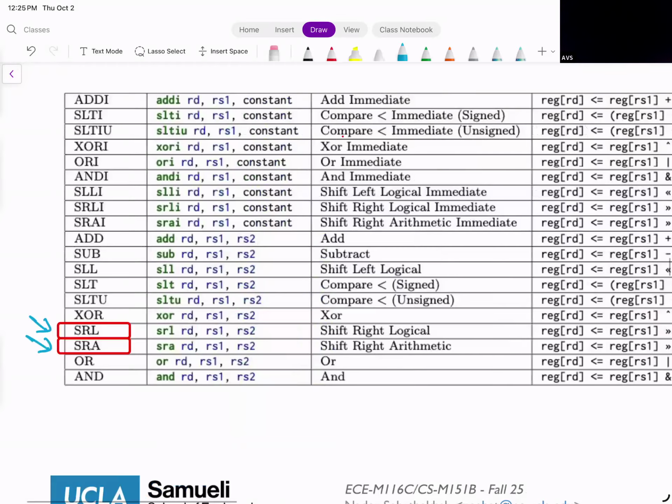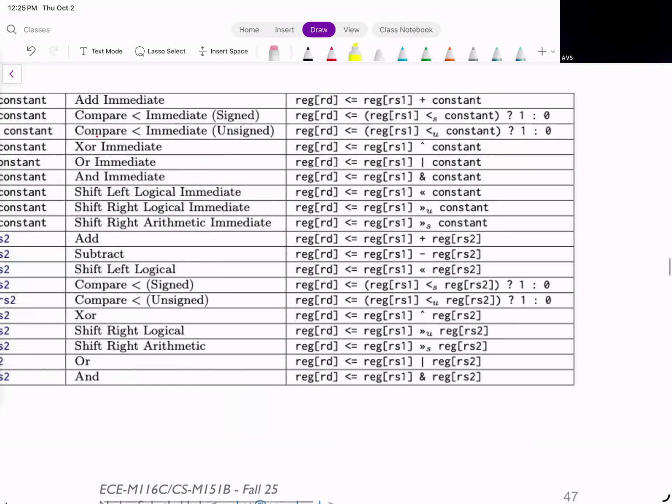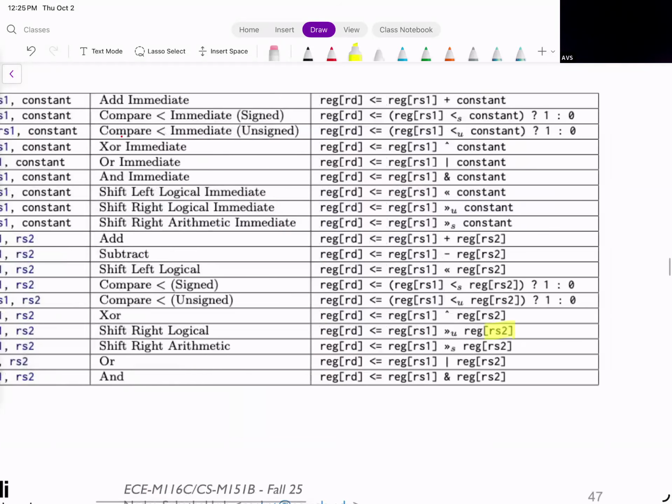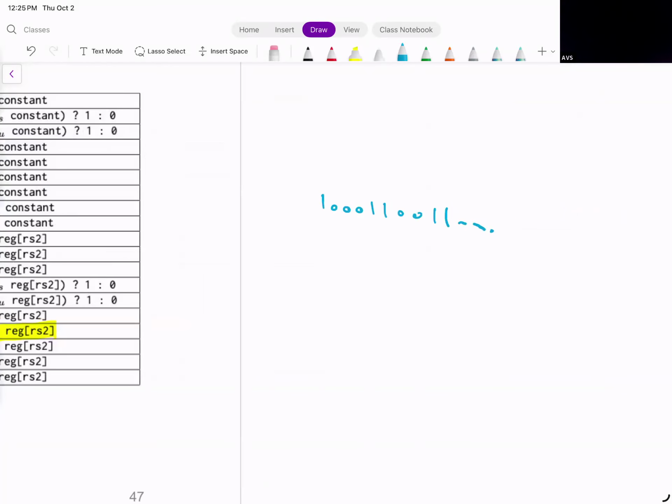So shift right generally means that it takes the value of RS1 and shifts it by the number shown in RS2. So for example, let's say RS1 is 10000110011 and some other numbers, and let's say RS2 is equal to 4.